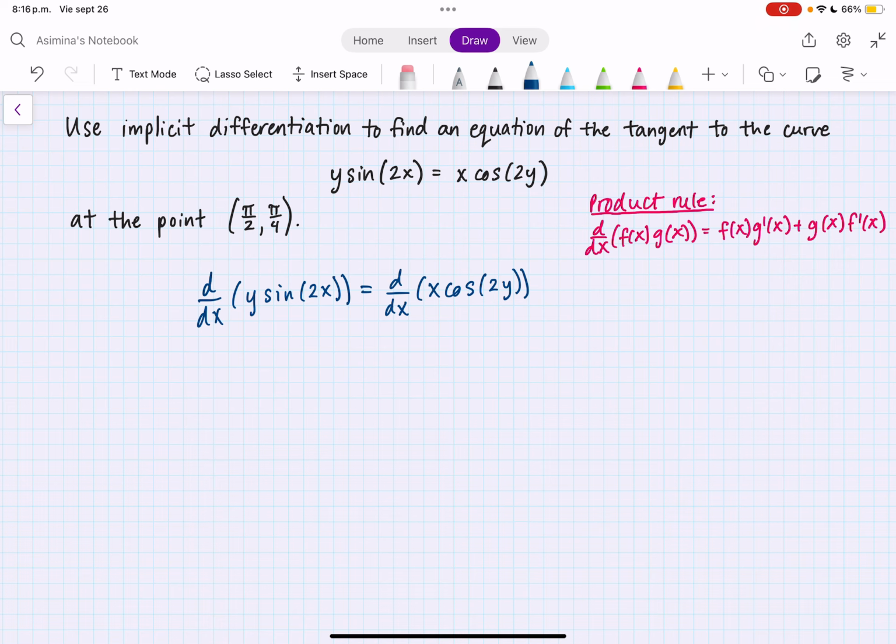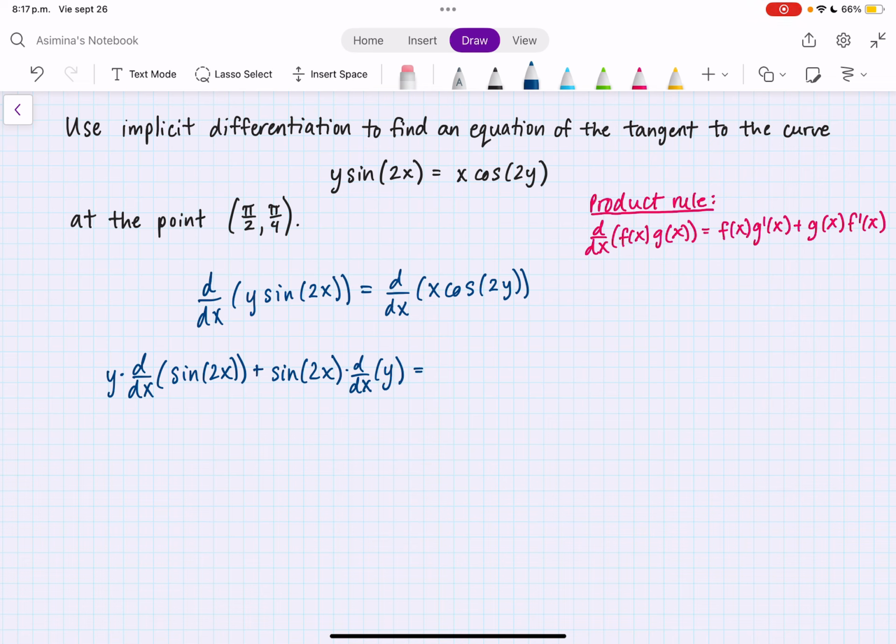So if I'm using the product rule on y times sine of 2x, I get y times d dx of sine of 2x plus sine of 2x times the derivative with respect to x of y.